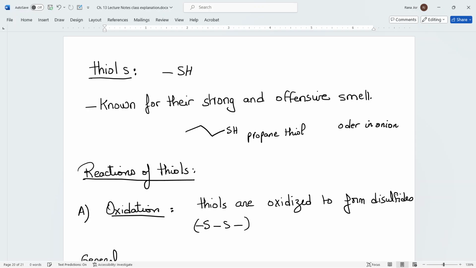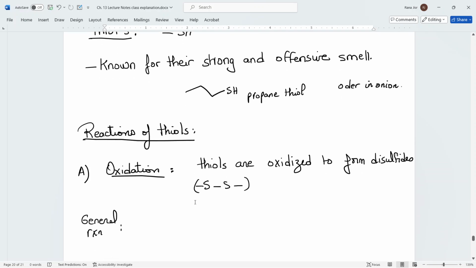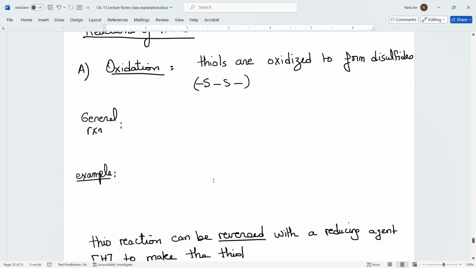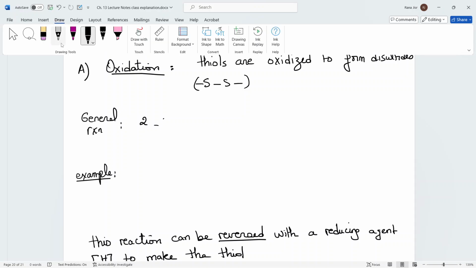There are two reactions that we are going to consider for sulfur-containing compounds: oxidation and reduction, and these are reversible. With oxidation, we start with thiols, and thiols will be oxidized into disulfides. In the general reaction, we start with excess, 2 moles of thiols.